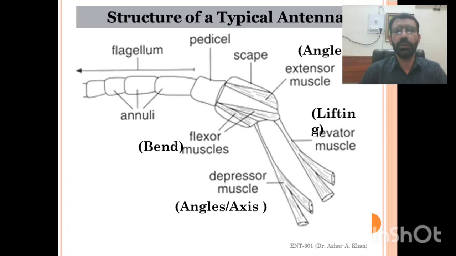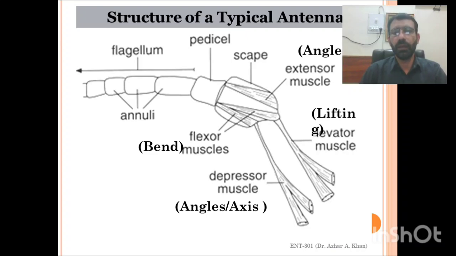So here is the structure of a typical antenna along with different muscles and articulations. These muscles are used to lift, to make an angle, or to bend. Levator muscles are the lifting muscles. Extensor muscles are the angle or axis formation muscles, and flexor muscles are used for the bending of the antenna.